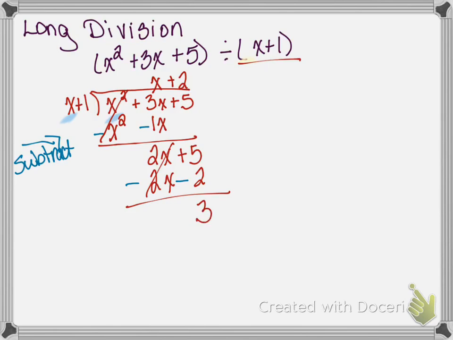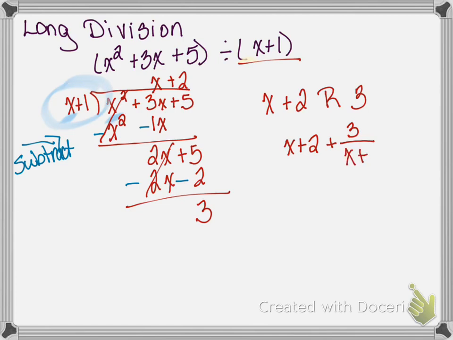So, my answer to this division problem is x plus 2, remainder 3. But I can write that as a fraction. So I have x plus 2 plus 3 over what I am dividing by. So what's my denominator? x plus 1.